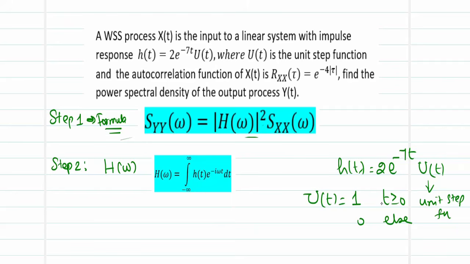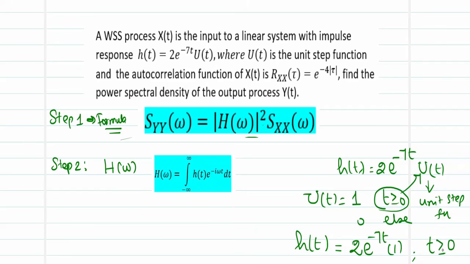So when t is greater than or equal to 0, this value over here becomes equal to 1. So obviously my h of t, the unit impulse response, will now become 2 e power minus 7t times 1. When will this happen? Whenever I have t greater than or equal to 0. What happens in the other case? This will be multiplied with 0 and so the entire function vanishes. So I now consider this limit for my integration for t greater than or equal to 0.